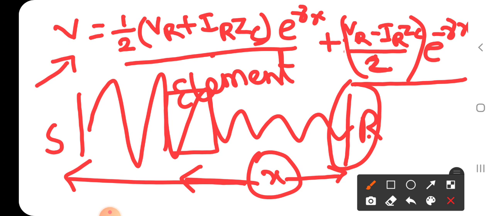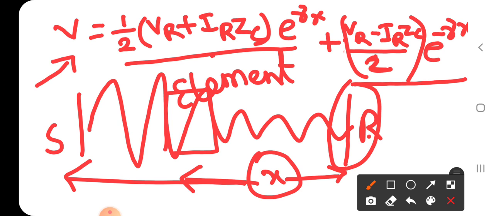For a similar reason, the second part is called reflected voltage, as its value decreases as x is increased.